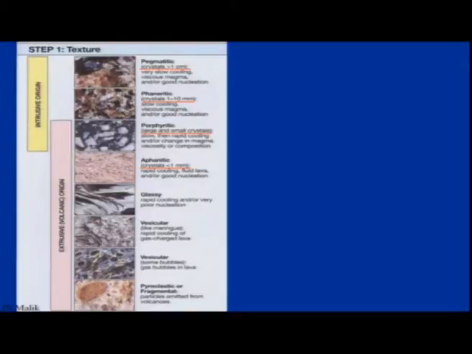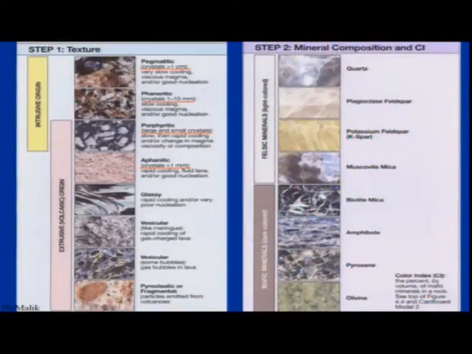Whereas the aphanitic texture, with crystal size less than 1 mm, comes from rapid or very fast cooling, and is seen in the glassy nature of the rocks. Then we have vesicular, and then pyroclastic and so on. We will talk about this as we move further, while discussing the eruption of magmas.